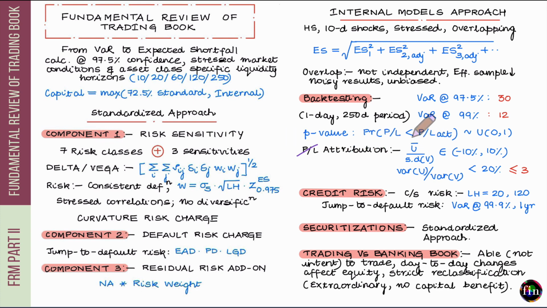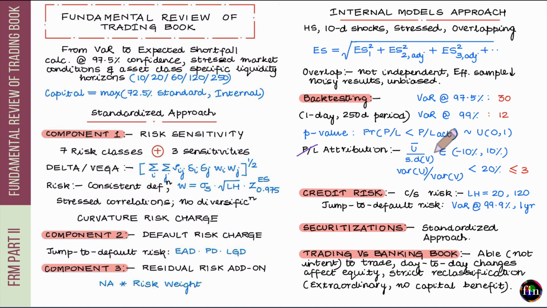Therefore, on a rolling basis, if I were to calculate the difference between the actual PNL and the model PNL, let me call it U. U bar denotes the mean of this U over, let's say, a rolling time window. Then the ratio of U bar to the standard deviation of the actual PNL, denoted by V, this ratio should be between minus 10% and 10%.